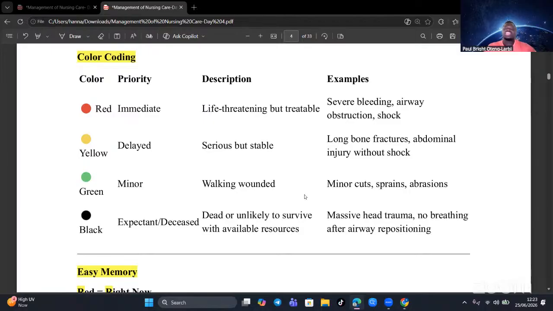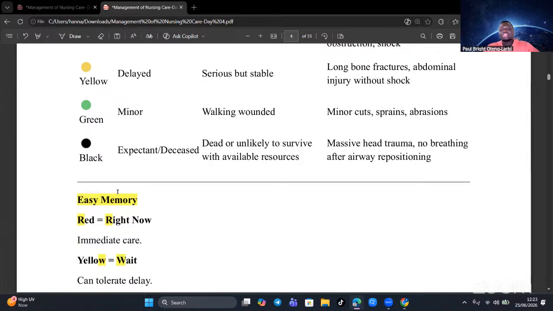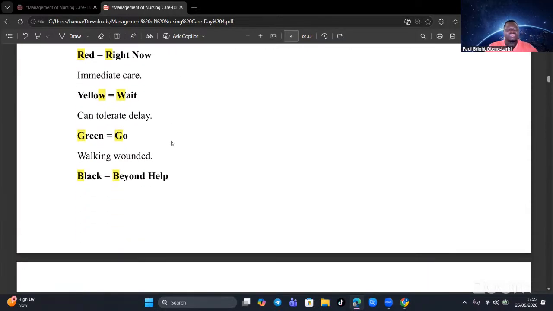Green, they have minor cuts, sprains, a head swollen like a coin swelling, abrasions on the skin. Then black: massive head trauma, no breathing after airway repositioning and all maneuvers, you are still not surviving.